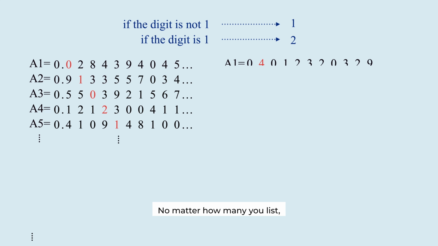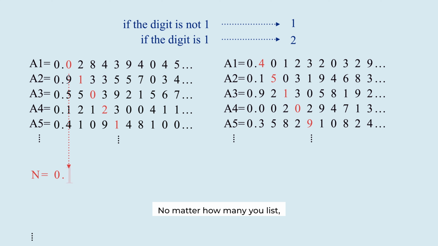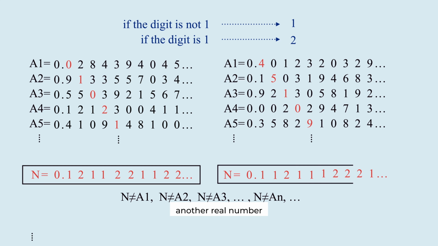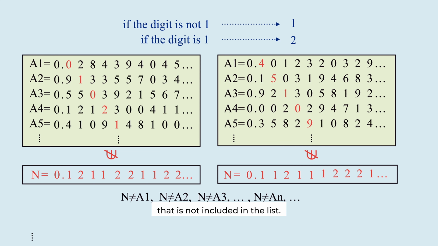No matter how many you list, there will always be another real number that is not included in the list.